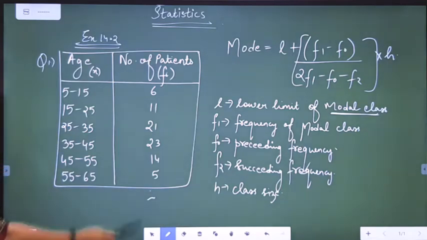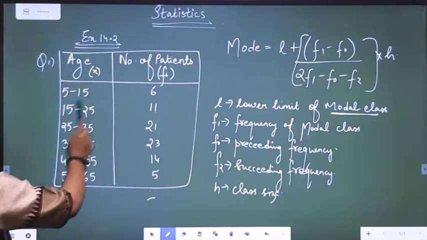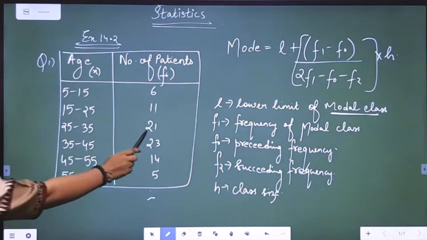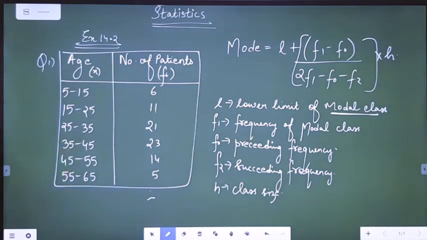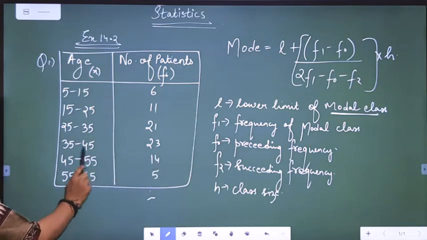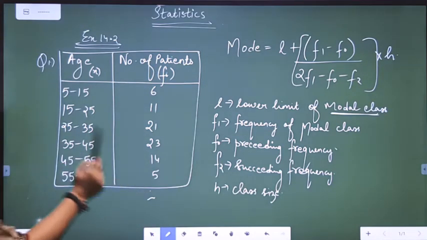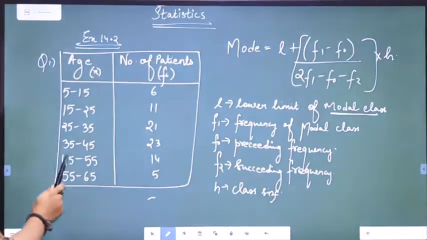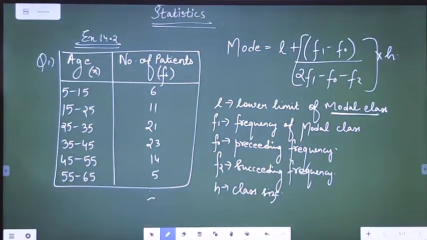This means 6 patients between the ages 5 to 15 have been admitted, 11 between the ages of 15 to 25, 21 patients of ages between 25 to 35, and 23 between the ages of 35 to 45. Similarly, 14 patients of 45 to 55 years have been admitted, and 5 patients of age between 55 to 65 have been admitted in the hospital during the year, right?